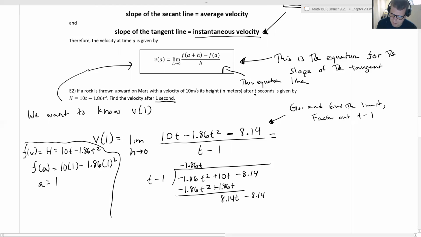All right, and so this is then going to be, oh, that looks like it's a minus 1, right? Or a plus 1, excuse me, plus 1. So that's going to then be, or not plus 1, 8.14, sorry. So this is 8.14 t, minus 8.14. That's a 0. Okay, good.